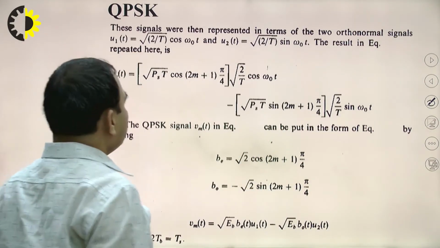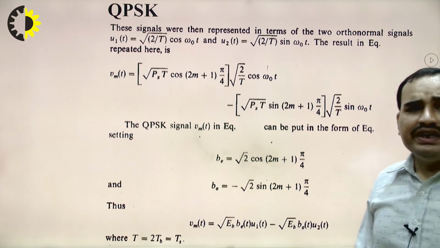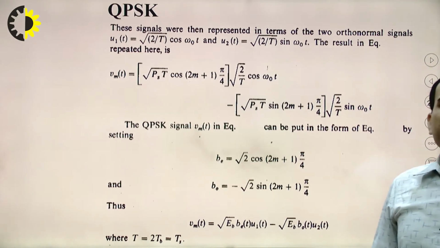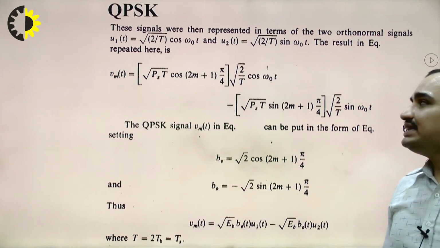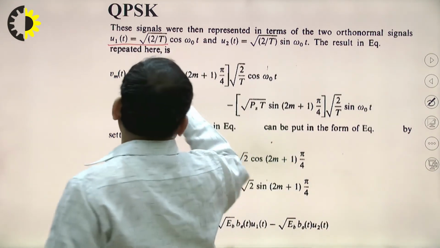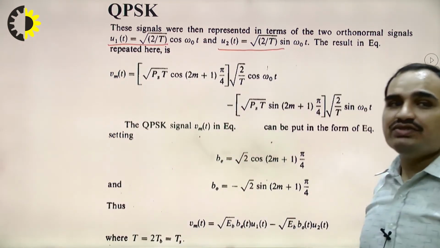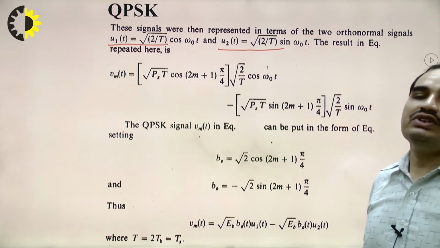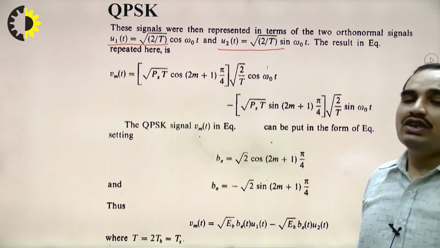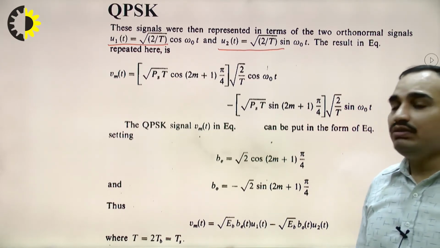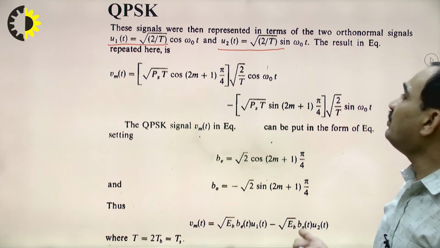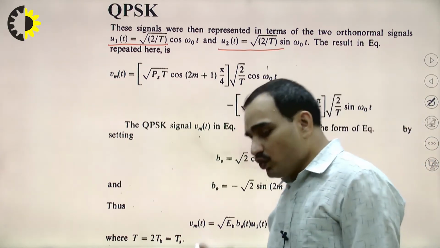So these signals were then represented in terms of 2 orthonormal basis signals, that is U1(t) and U2(t). So the same equations we are writing in terms of the basis function and the power. Whatever we had written earlier, the same is written in terms of U1, V1, or you can say the power and the voltages.